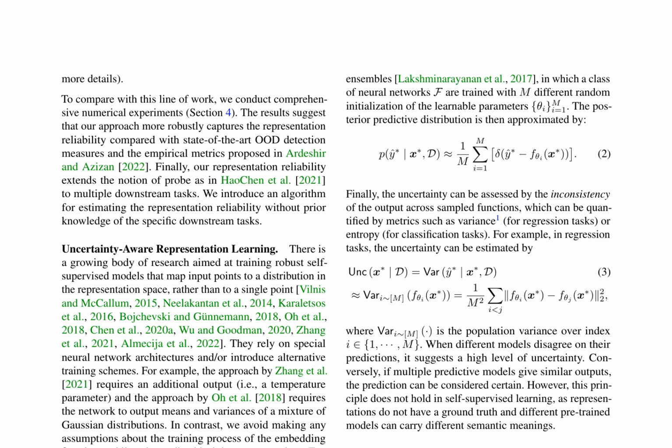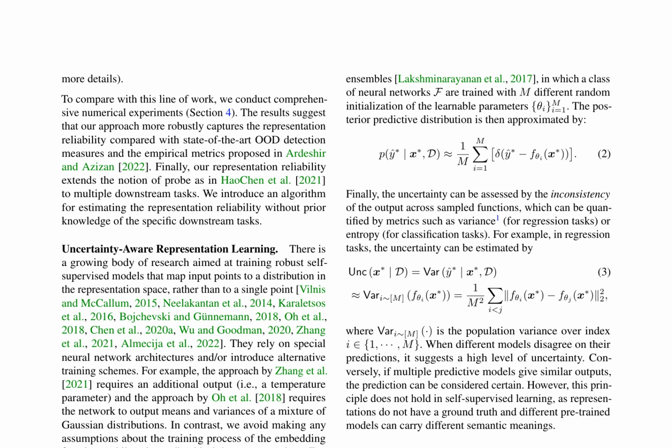The paper highlights the growing body of research in uncertainty-aware representation learning, aiming to train robust self-supervised models that map input points to a distribution in the representation space. In contrast to existing methods that rely on special neural network architectures or alternative training schemes, the authors' approach is distinguished by its theoretical analysis and exploration of the impact of representation reliability on downstream tasks.